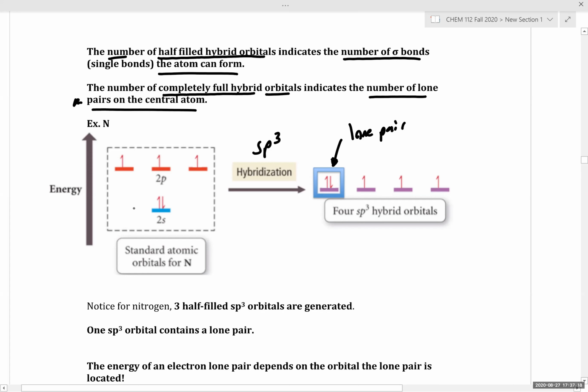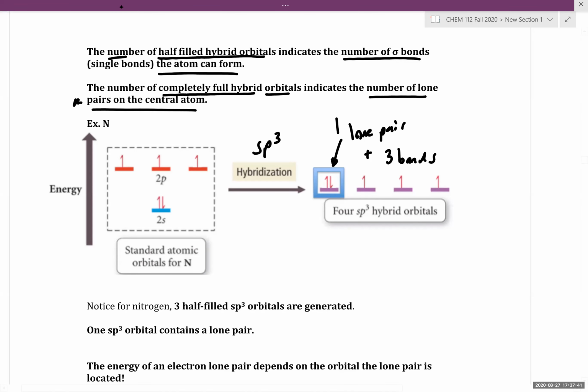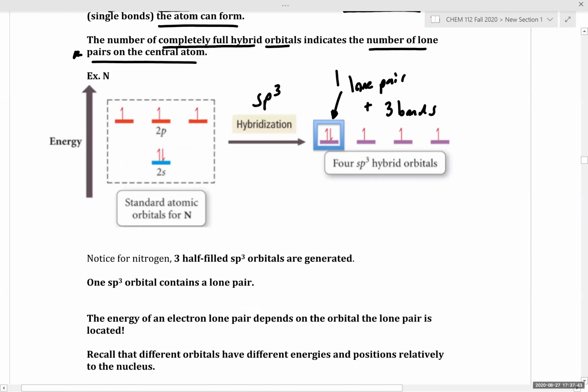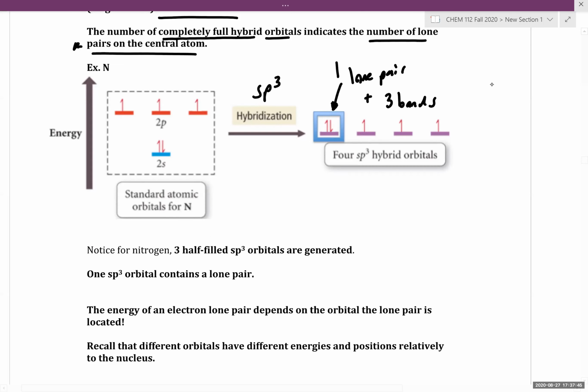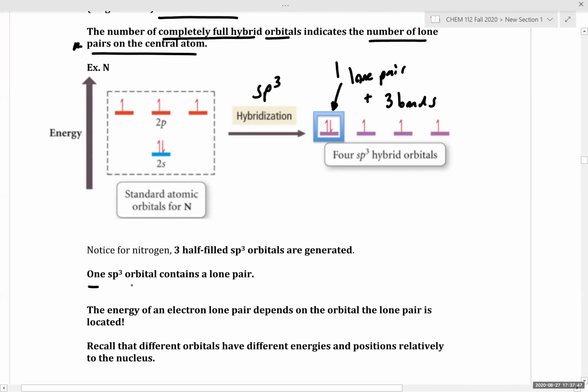So looking at this orbital energy diagram, this directly explains why nitrogen, if it's sp3 hybridized, prefers to have one lone pair and it prefers to form 3 bonds, because we have 3 half-filled orbitals and 1 full hybrid orbital. As a result, we see intuitively that one of our sp3 orbitals contains a lone pair.